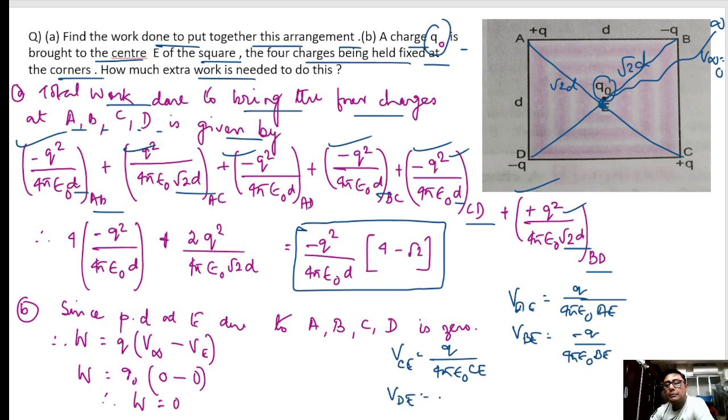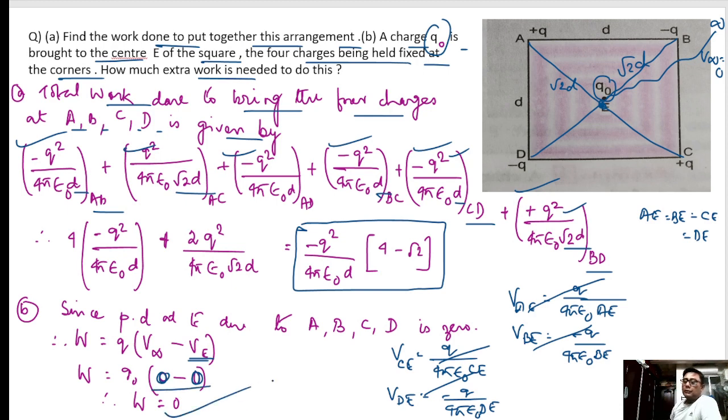D at E will be minus Q by 4 pi epsilon naught DE. Now AE equal to BE equal to CE equal to DE. That means all these will cancel out. So net potential at E is 0 and at infinity is 0. So potential difference 0. So no work will be done. No work will be done to bring an extra charge from infinity to the center of the square.